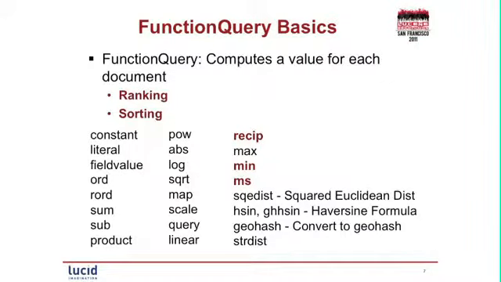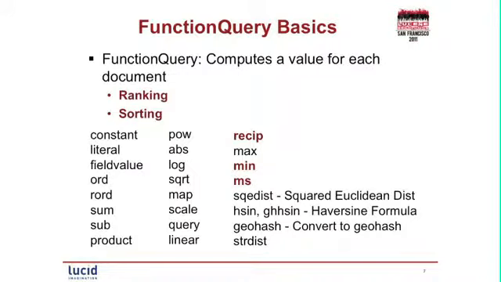Okay, so probably in training, you learned about function queries, I hope. Bottom line, a function query calculates a value at runtime for each document in the results, and that is useful for ranking and sorting. I've listed here not a comprehensive set of the built-in Solr functions.